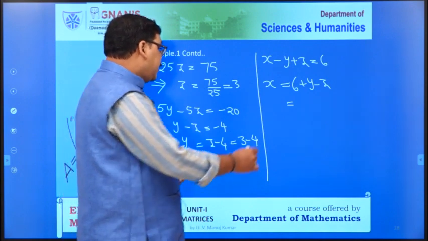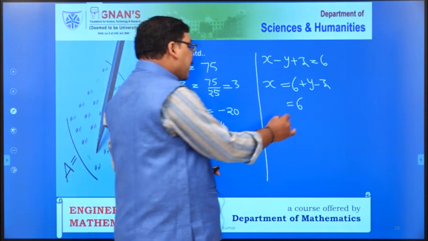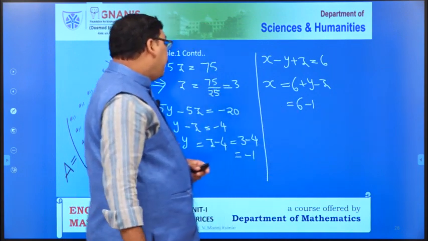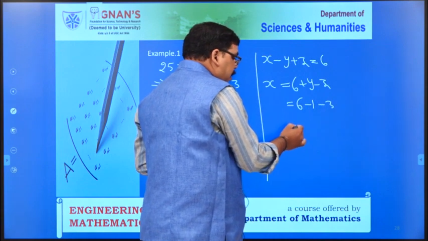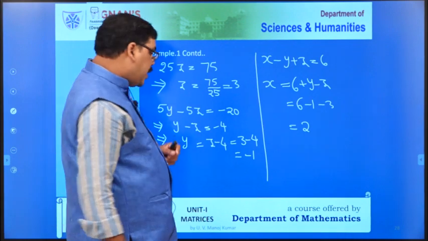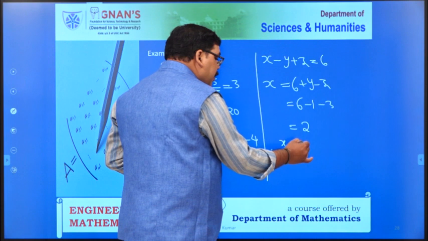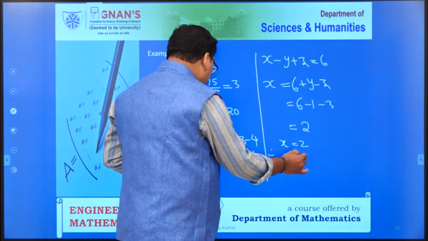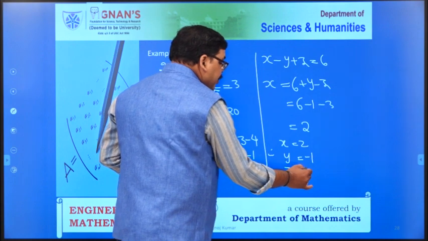So 6 plus y, which is minus 1, minus z, which is minus 3. So 6 minus 4, 2. So what is the solution? Therefore, x equals 2, y equals minus 1, z equals 3.